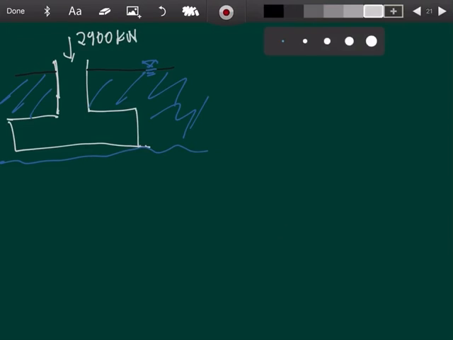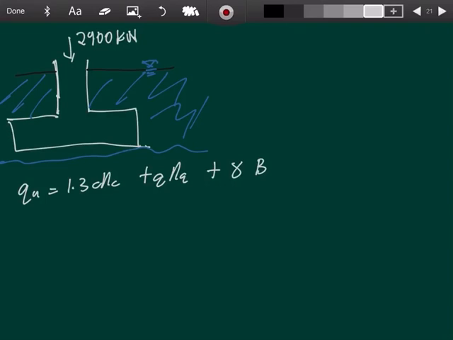So, anong case yan, class? Ang gagawin nating case dyan is case 1. Anong meron ulit? Parehas, class. QU is 1.3 CNC plus QNQ plus 0.4 gamma B N gamma kasi square. Okay, so let's have 1.3 times 50 times 44.04, but ang Q natin iba na. Bakit?